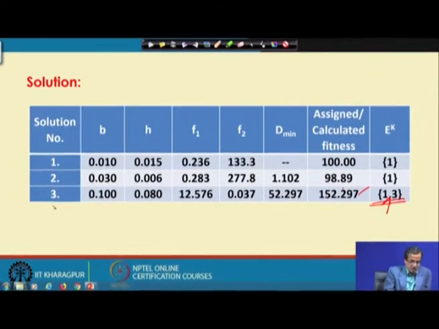Similarly, I go for the 4th, 5th, 6th and so on for the whole population, and iteratively we can find out that a large number of solutions are going to enter this non-dominated front. As I told, the size of the non-dominated front is going to increase, and consequently the size of this n 1, on which the GA operators are going to operate, is going to be reduced.